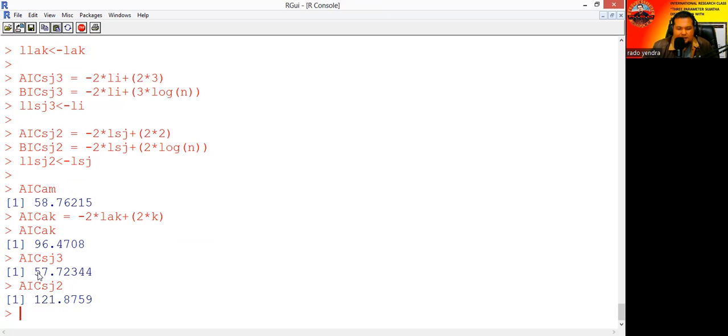The smallest one is the Sujatha three parameters. So we can conclude that the Sujatha three parameter is the best model in this research because its IC value is the smallest compared with the other models here.